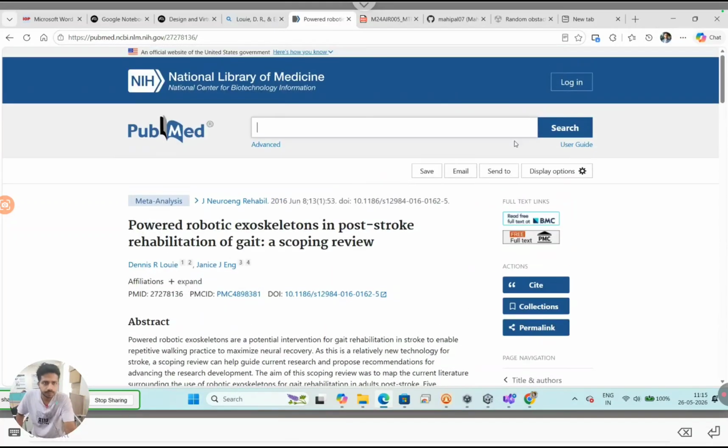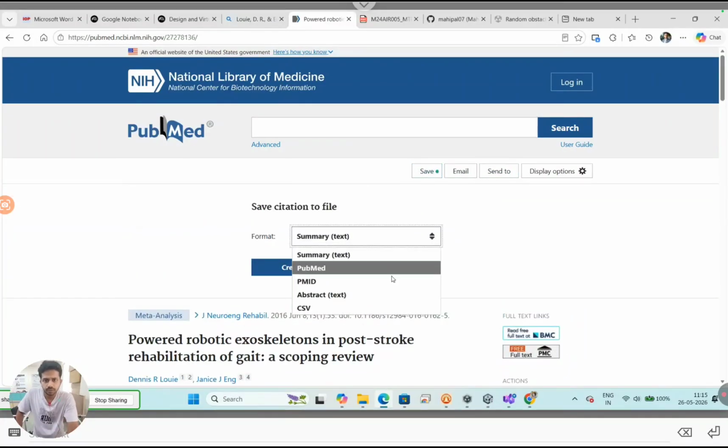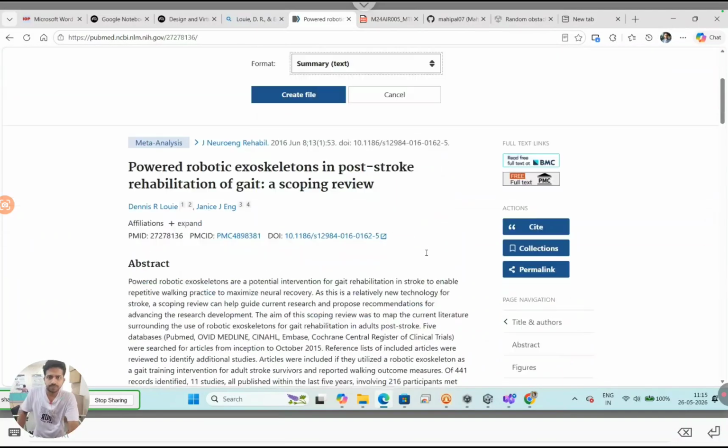One second. Save. You can select the format, summary, or one second.